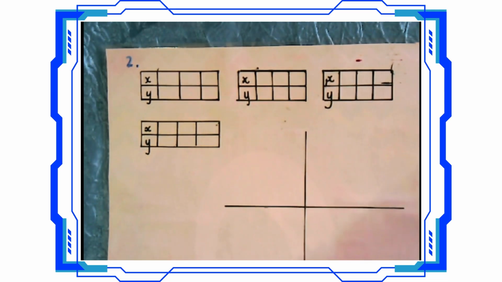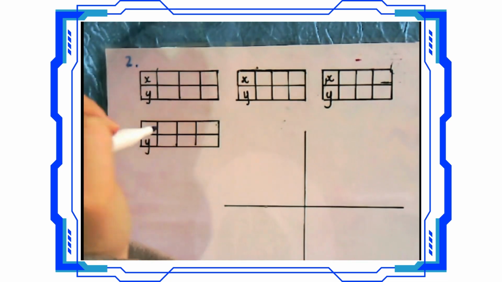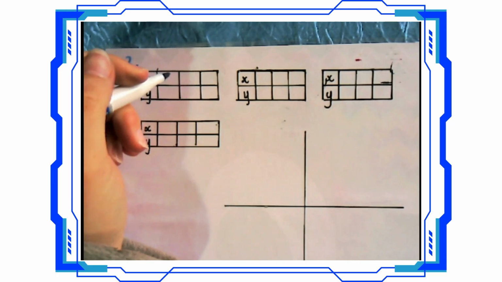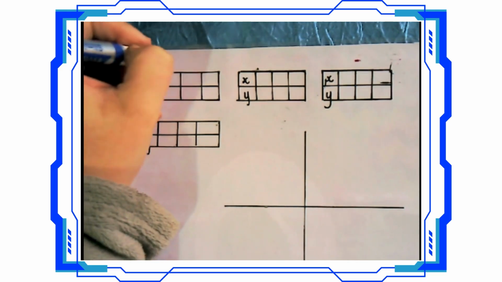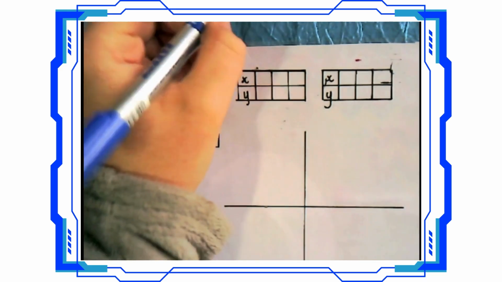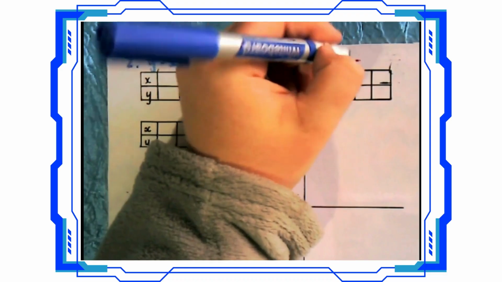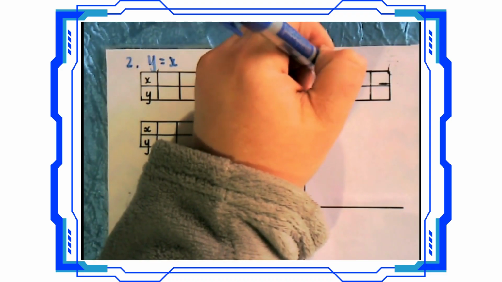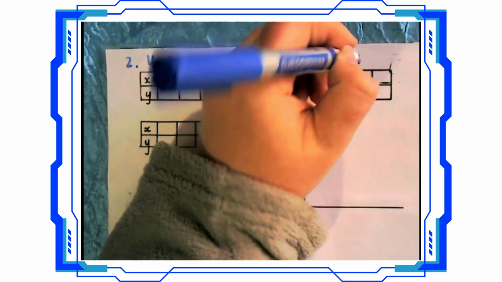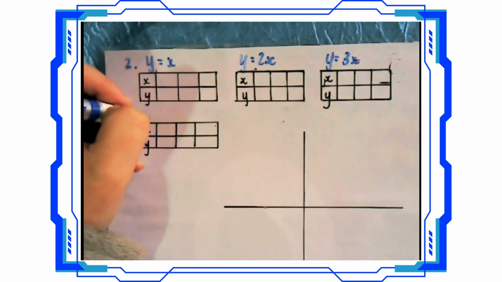That's why I drew tables, only space for 3 x values. So when I'm looking at 2.3, the one they gave me was y equals x, then y equals 2x, then they made a mistake, it should be y equals 3x, and then y equals 4x.